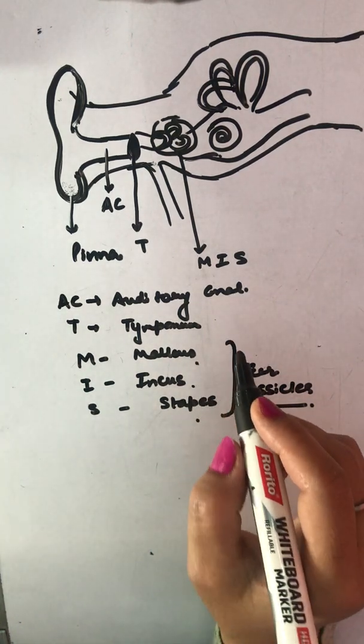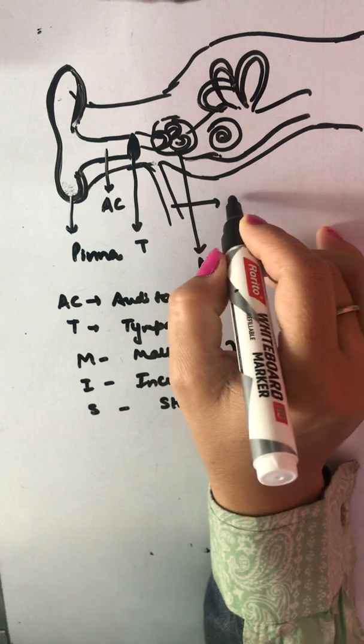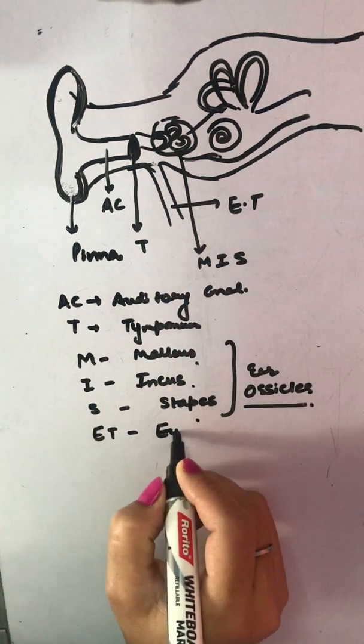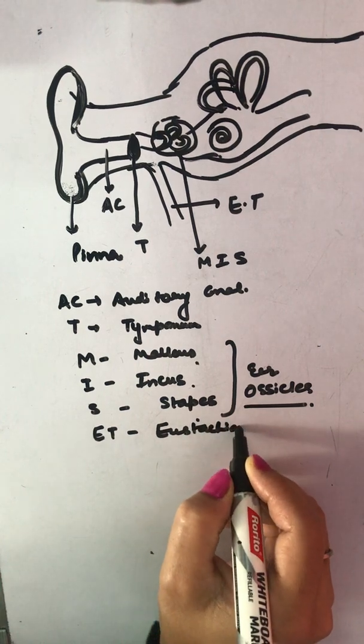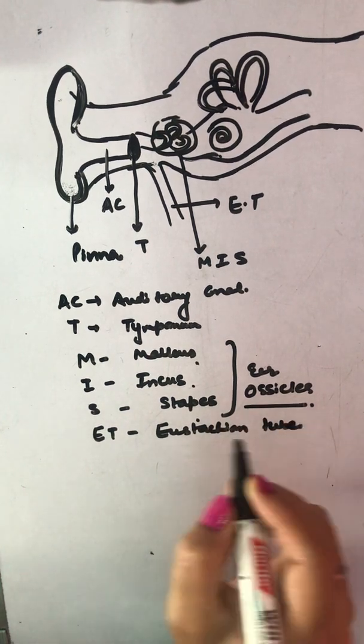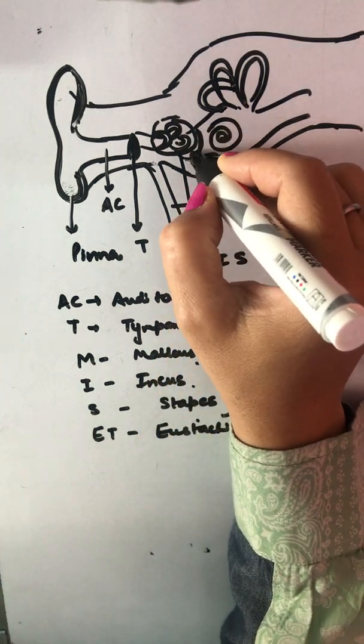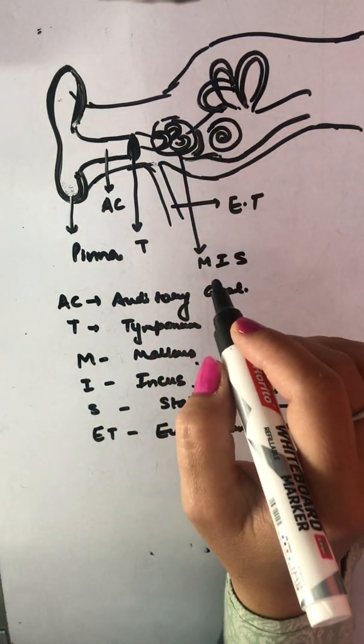Then comes the Eustachian tube, which leads to the pharynx. Then comes the oval window. This is the oval window.